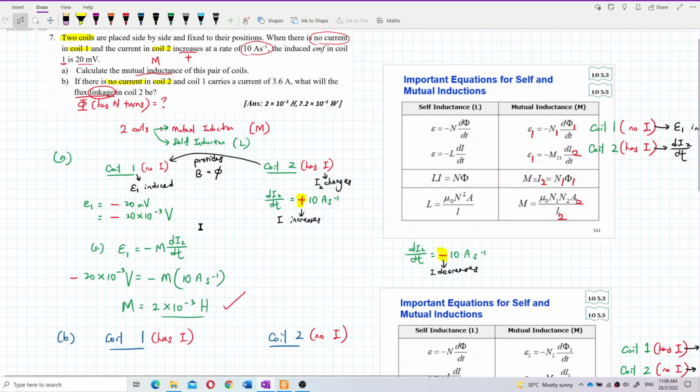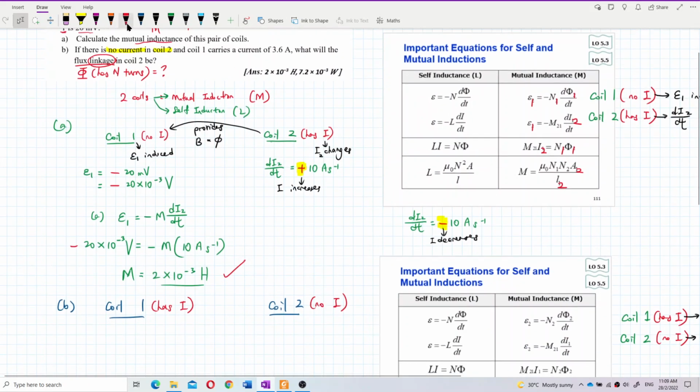So what I can say is that now coil 1 has current, which means I1 can change. So this induces an EMF in coil 2.